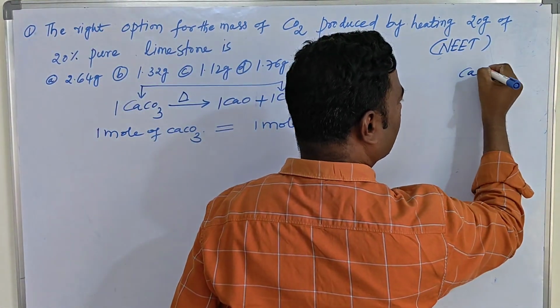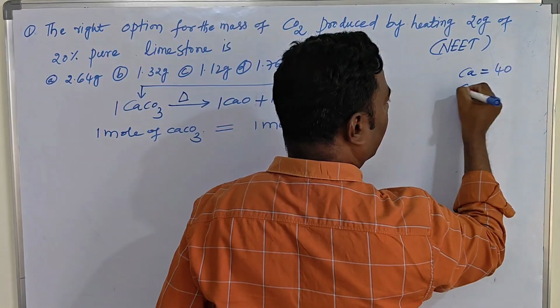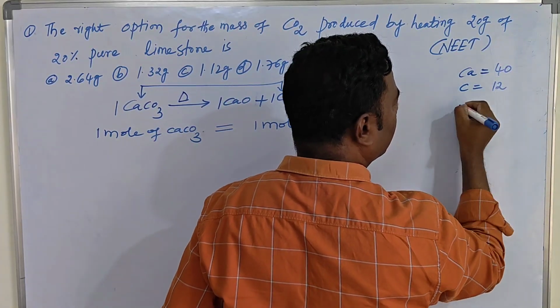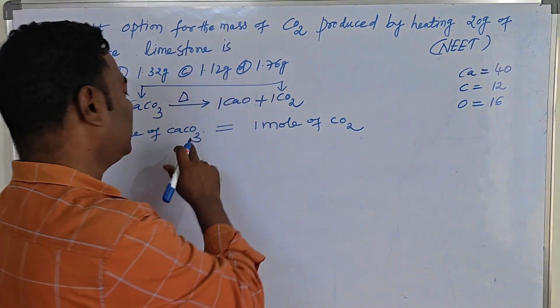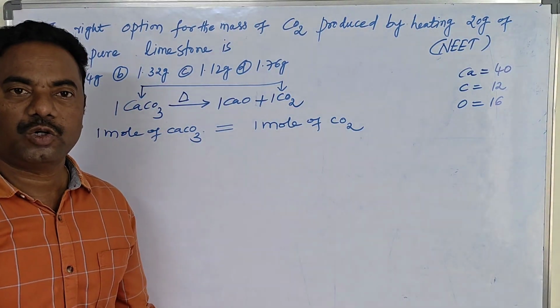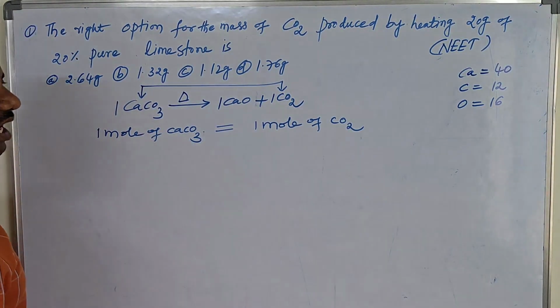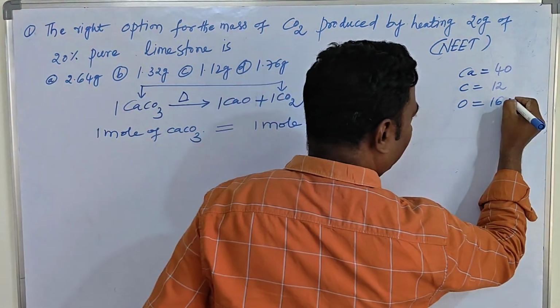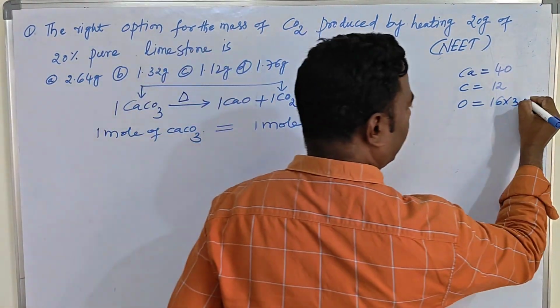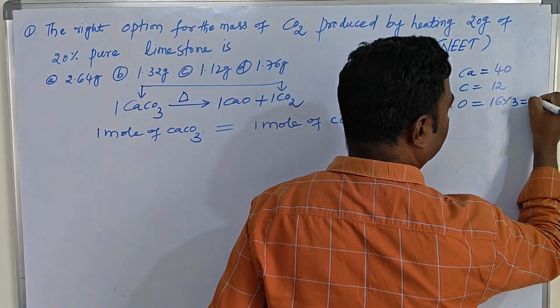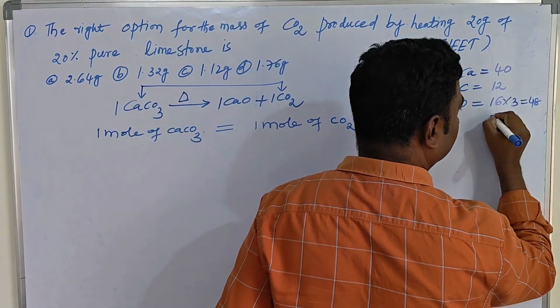Calcium 40, carbon 12, oxygen 16 into 3, 48. Total 100.